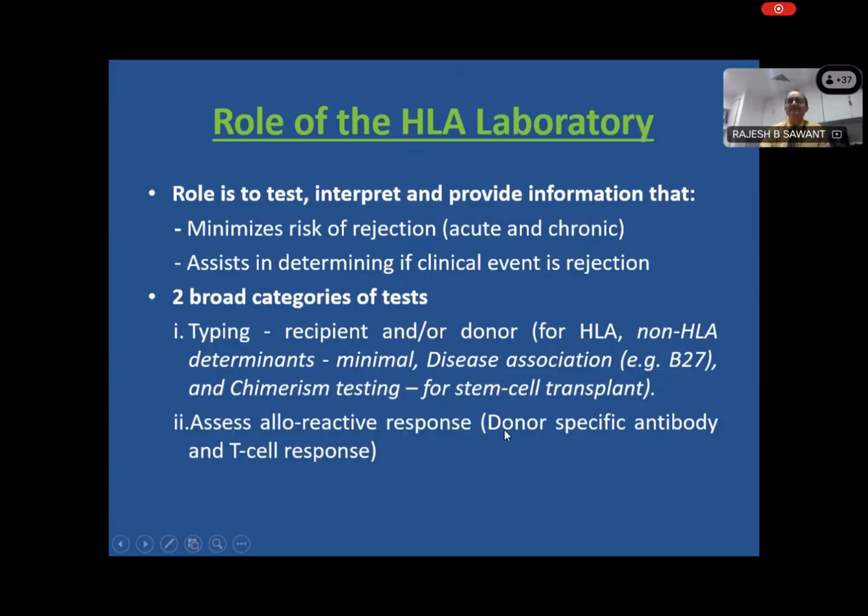So, as I said, the role of the HLA laboratory is pivotal in cases of transplants. And as we've seen in the last couple of decades, a lot of transplants do happen. Bone marrow transplants, solid organ transplants, they happen in almost all the major cities across India.